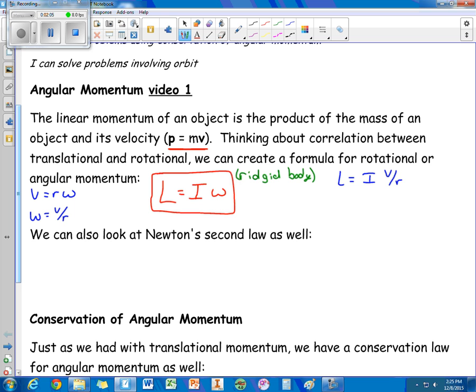Also, remember that moment of inertia oftentimes is some fraction times m r squared. So we can substitute m r squared for I. And this gives us a formula that looks like this.